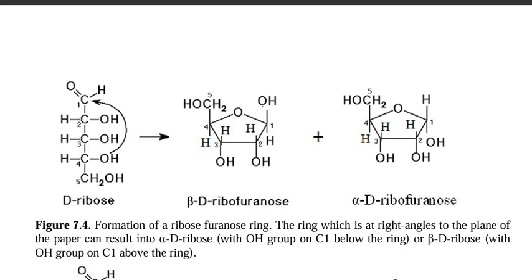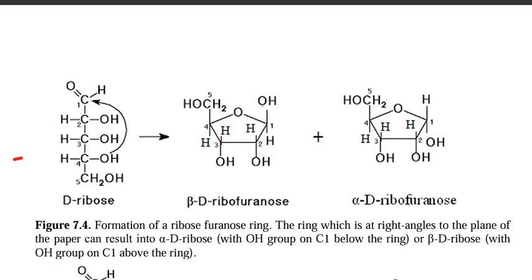We count the carbonyl group as the first carbon, going down. Look at the arrow here. The fourth carbon has an oxygen here, right? So we're trying to connect the oxygen on the fourth carbon with the first carbon.